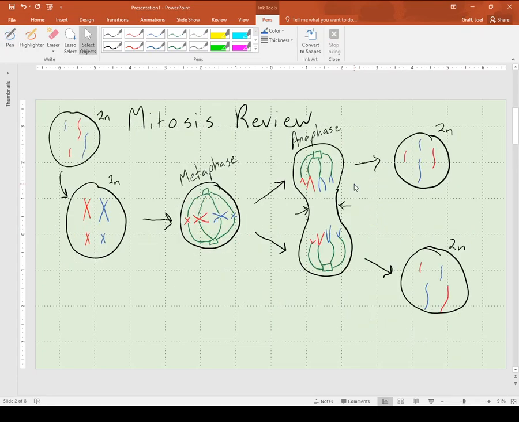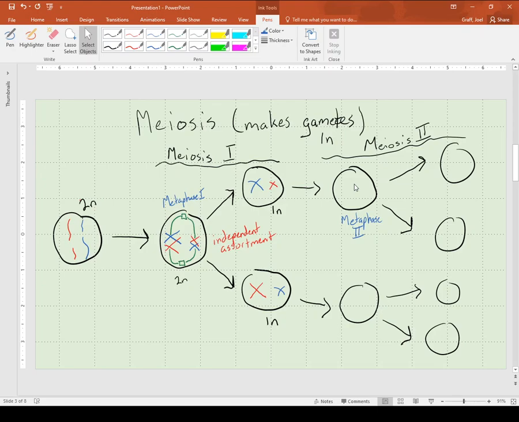Mitosis, we didn't use any Roman numerals 1 or 2 for metaphase, anaphase, or any of the other phases, and that's because mitosis has just one set of cell division. But here, meiosis, because it has 2 sets of cell division, we need to write it out with a 1 to refer to the first doubling, any steps involved in the first doubling of cells, and a 2 to describe any second doubling of cells.